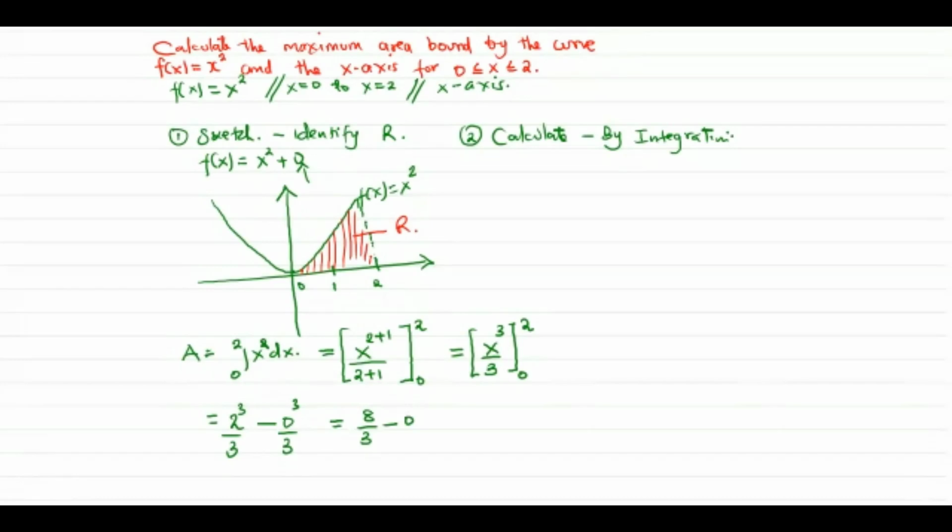And 8 over 3 minus 0 is 8 over 3, which is equivalent to 2 and 2 over 3. We can therefore go on and conclude that our area of interest is equal to 2 and 2 over 3 units squared.